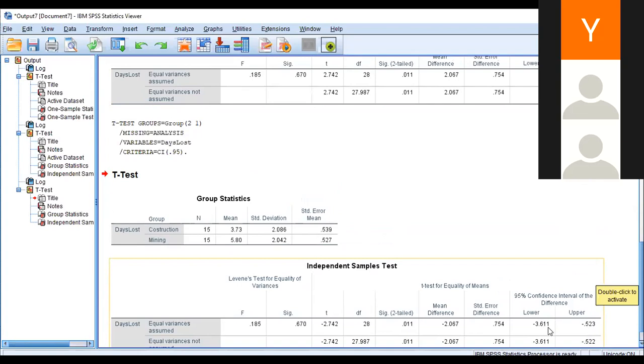Can you see? It's still the same thing. So the confidence interval does not cross 0, from minus to minus. Does it make sense? Yes. From minus to minus, and the mean difference is minus.